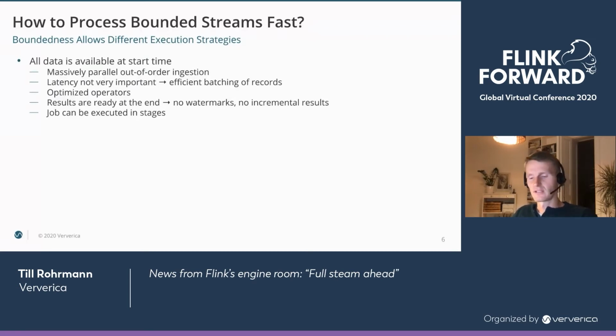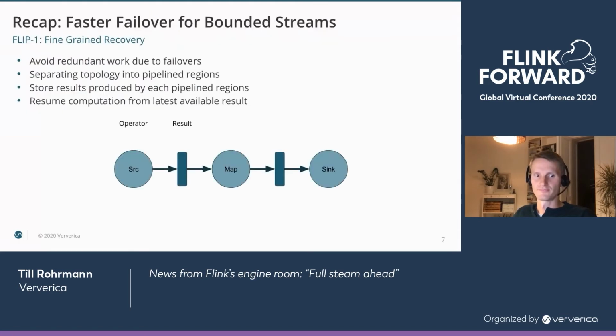This stage-wise execution will actually become relevant for the next thing I would like to talk about, which is the improved failover. With FLIP-1, which is the very first Flink improvement proposal, we implemented fine-grained recovery. This feature has been released with Flink 1.9, so it's out there for a couple of releases already.